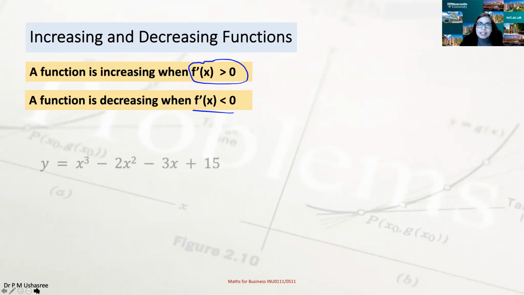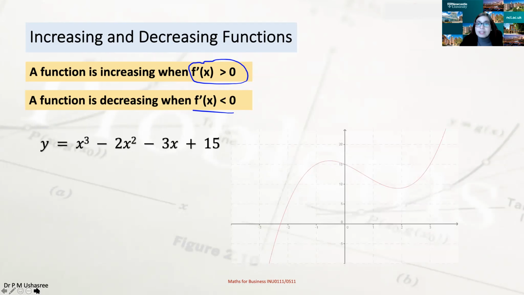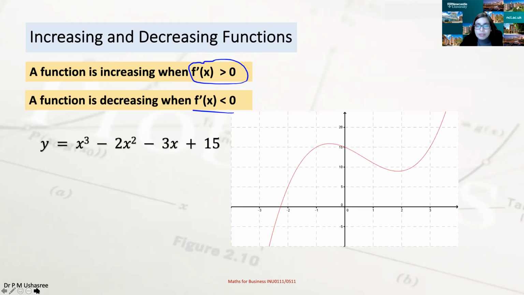That is, if I take the curve for this equation or this function, at any point on this side of the curve or this side of the curve, what's happening? Is the function increasing or decreasing? It's increasing because you find dy by dx for this.